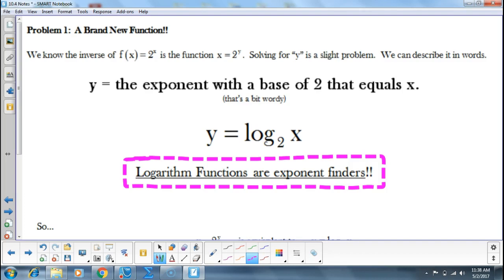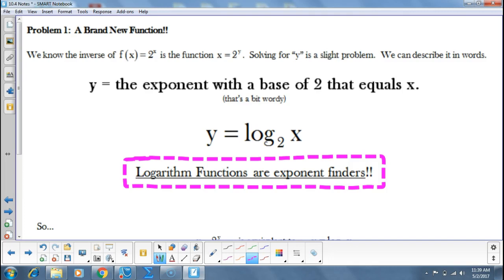Logarithmic functions are exponent finders. So what we're looking for is the exponent that we could put on 2 that equals x. And we solve that using logs, using logarithms.